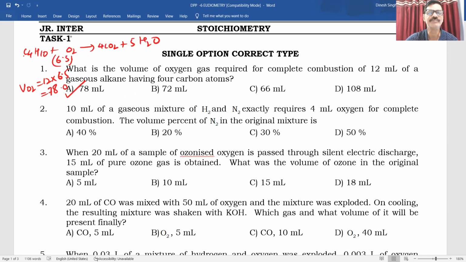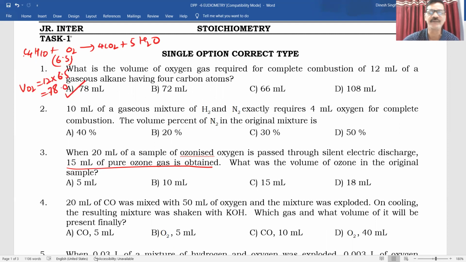Similarly, we can see this question: 20 ml of a sample of ozonized oxygen is passed through silent electric discharge, and 15 ml of pure ozone gas is obtained. What was the volume of ozone in the original gaseous sample?